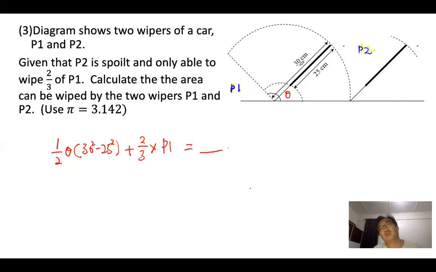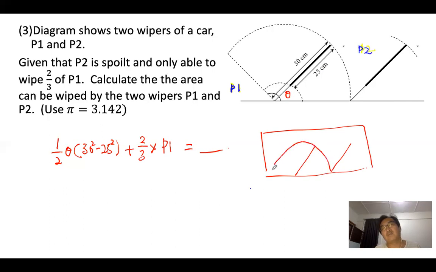But actually, in real logic, if you see the wipers in front of your car, there are two wipers like this. If they wipe, this one will be wiped like this, and this one will wipe like this. I don't know whether that's correct.